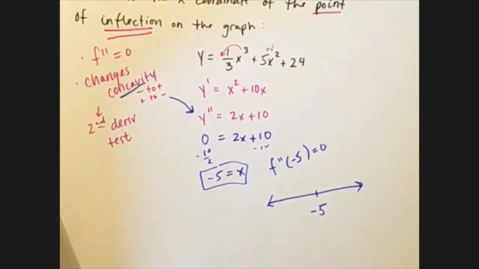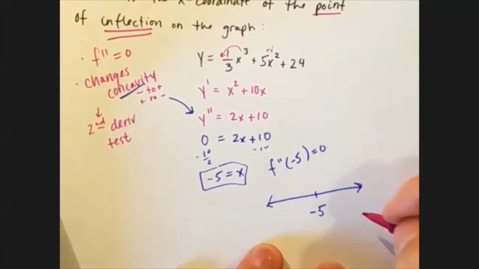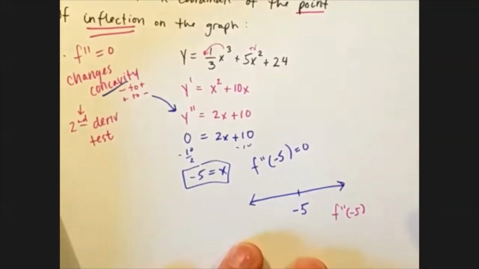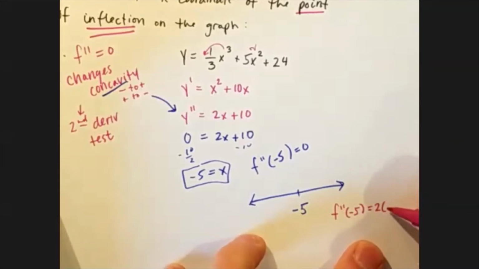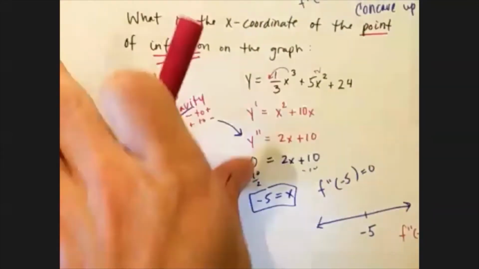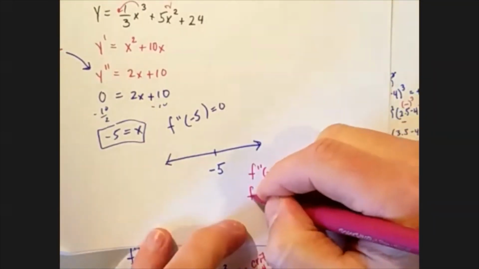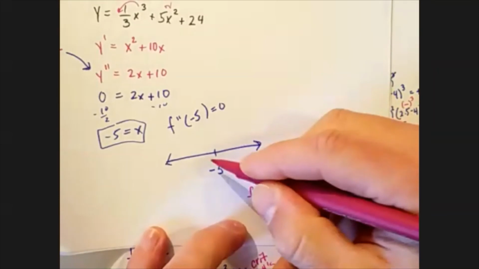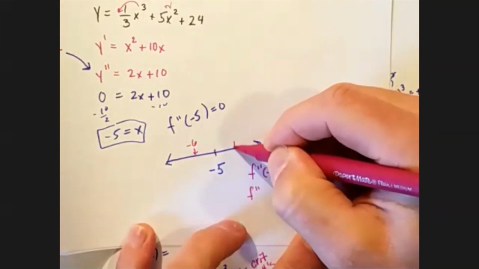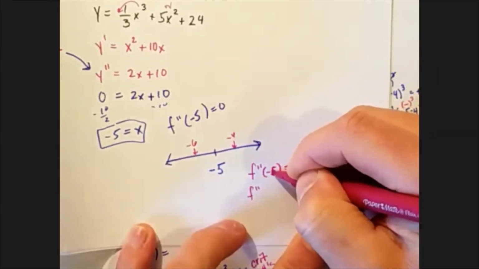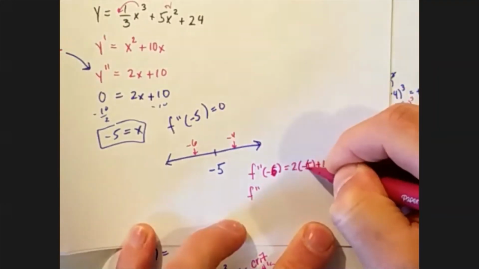So this is where you'd actually have to redo this. Plug in this negative 5 into that 2x plus 10. I'm going to do this part for you, so let me zoom in here, just in the essence of time. Oh, we don't want to plug in negative 5, Kirsch. We want to plug in like negative 6 and negative 4, one to the left and one to the right.